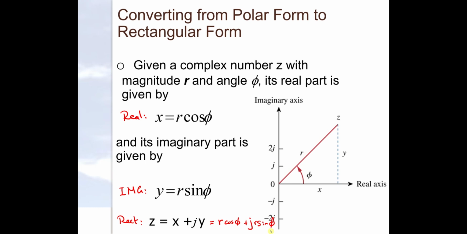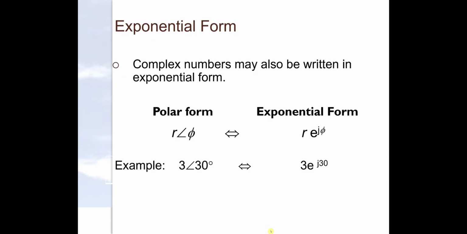Okay. Now, inspired by the polar representation, we can introduce another equivalent form, which is the exponential form. So this number represented in the polar format has an equivalent exponential format using a complex exponential: r e^(j phi).